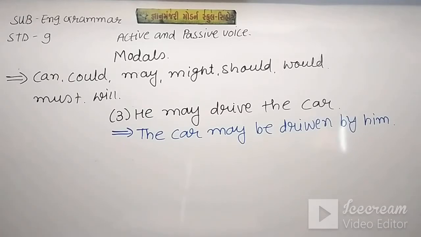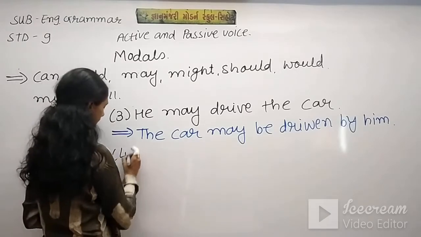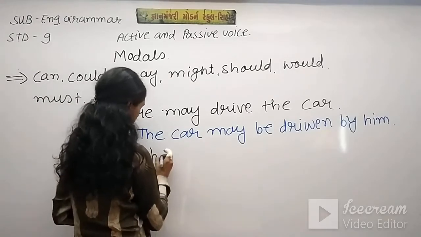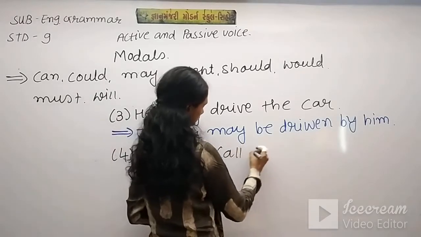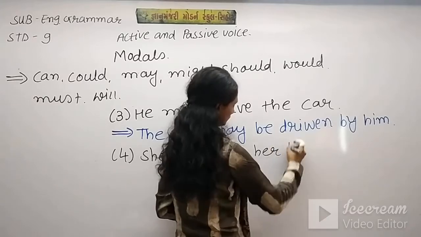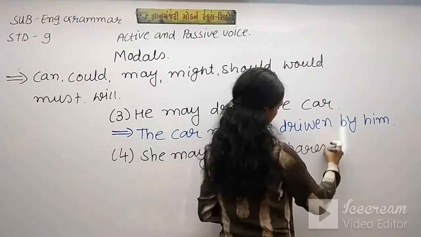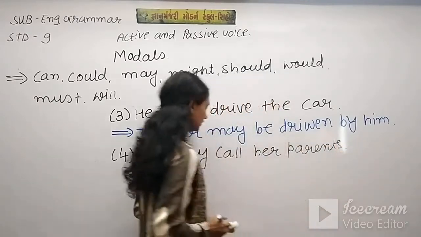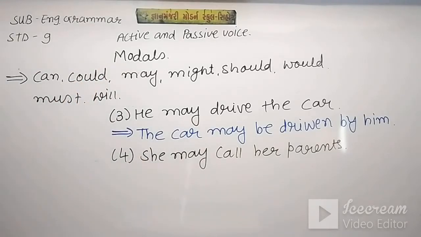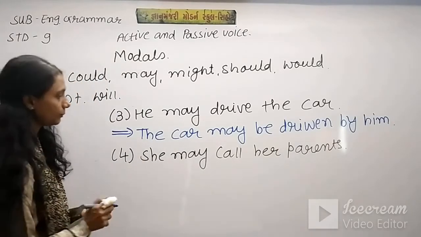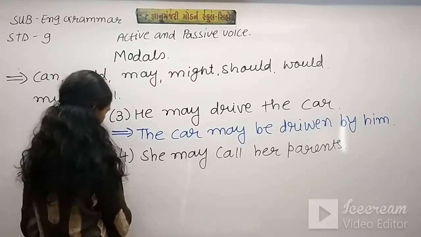Number 4 is, she may call her parents. So her parents will come first.